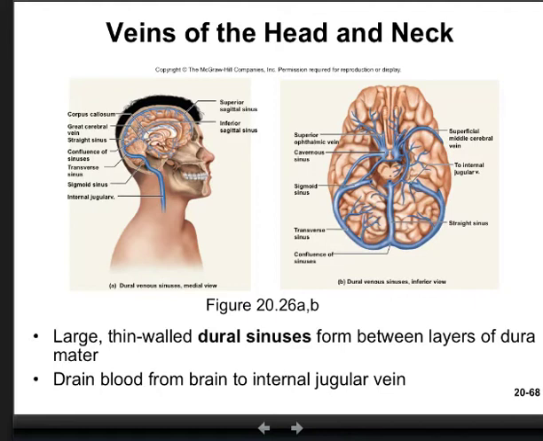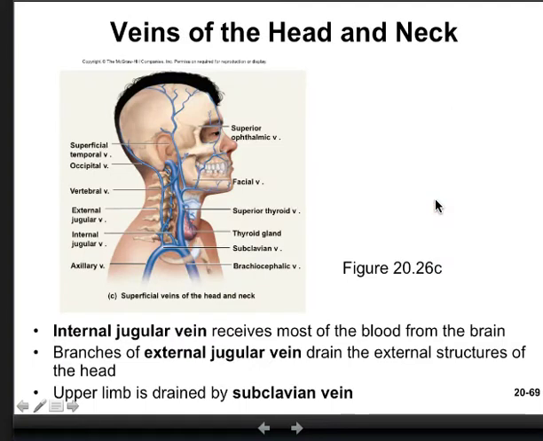And the superficial side, in this case, is the right side of this picture, and the deep side is the left. Okay, so you can see here the cavernous sinus and the superficial ophthalmic vein right there that drains blood from the eye. Okay, other major vessels.